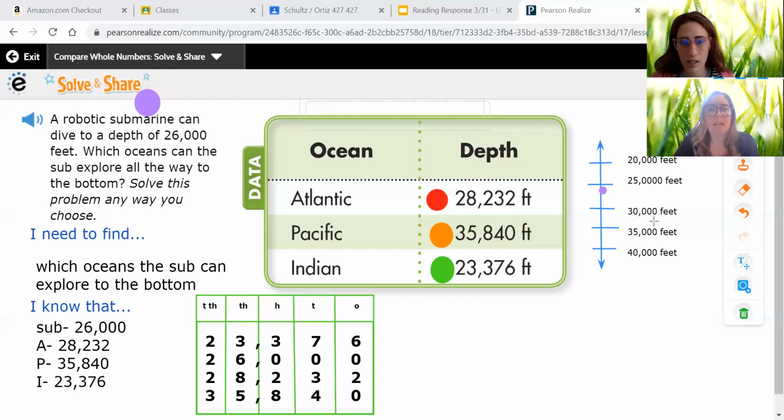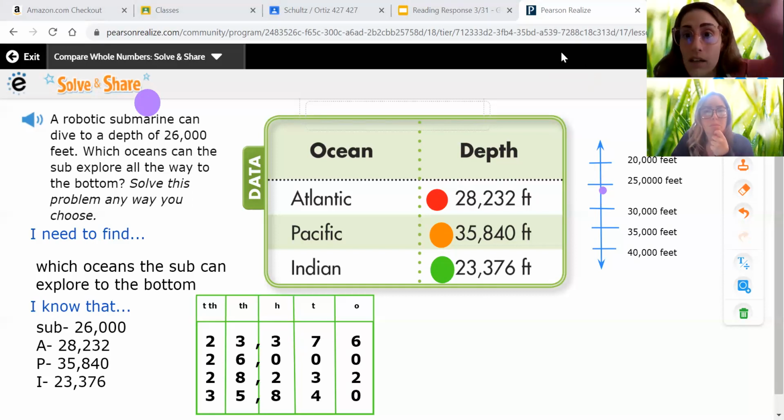Perfect. Now let's look at the Atlantic Ocean. That's the first ocean they tell me. And I see that you represented the Atlantic Ocean with a red dot. Yeah. The red Atlantic Ocean is 28,232 feet. Where would that fall on the number line? I'm going to put a little over the 30,000 feet. I'm sorry, I'm just changing the color here.